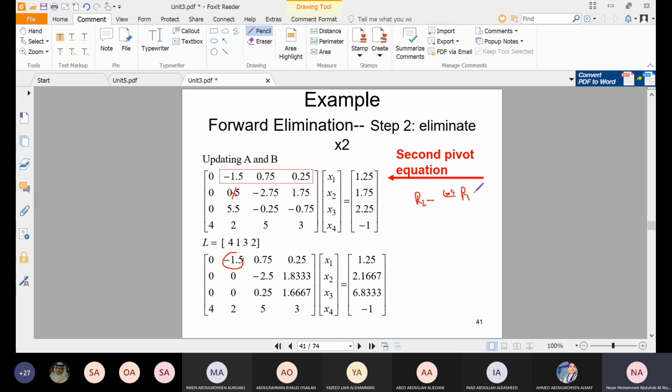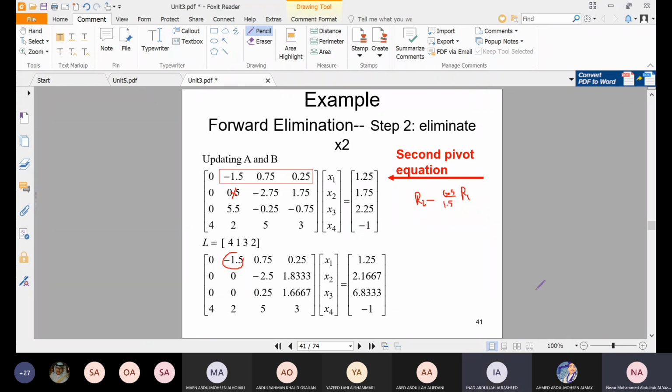Okay, 0.5 here over what we have here, minus 1.5, to eliminate this coefficient. Which one? 0.5, 1.5. Okay, so we do elimination. So we multiply this one.